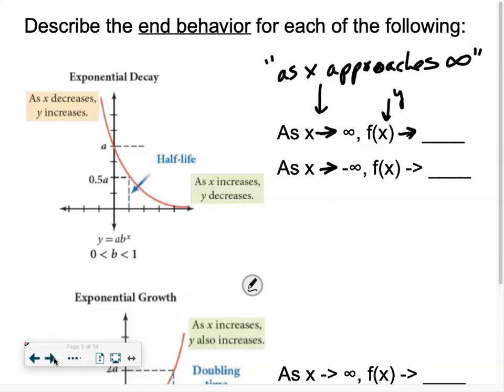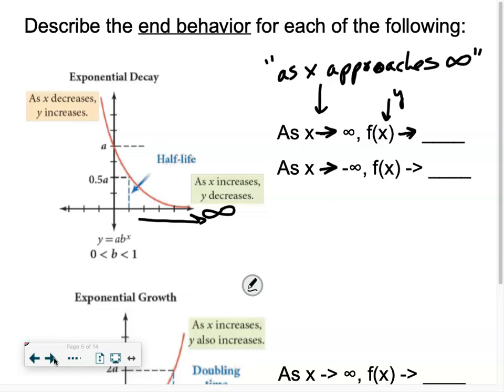So where is infinity? Infinity for your x values is way out here. Think as far out here as you can possibly go. So this graph is never going to go negative. You're never going to take a positive number, raise it to a power, and make it negative. It's never going to go negative, but it is going to get really close to 0.